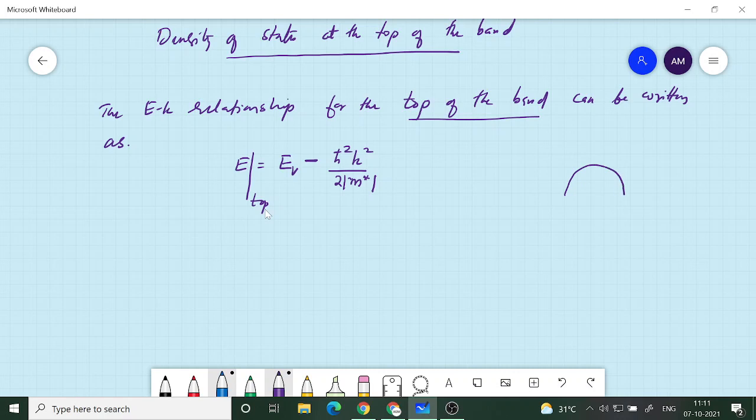So m we yesterday found out, 1 by m star was 1 by h cut square d square E by dk square, and there we obtained it as a negative value. But I am taking that negative value as minus of modulus m star. That's the only thing I am doing.